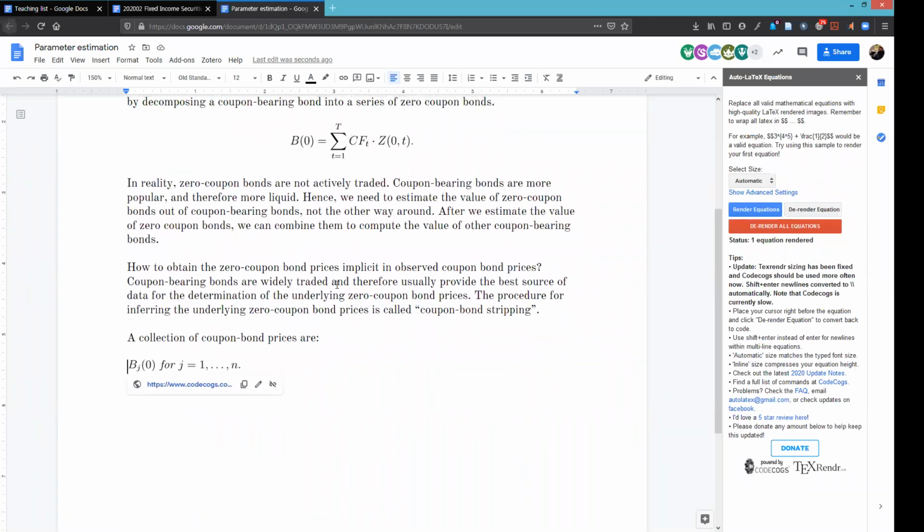Suppose we have data that looks like this. What we have to do is, so this is the observed price, and then let's call this the theoretical price. We can check the collection of theoretical coupon bond prices, similarly.